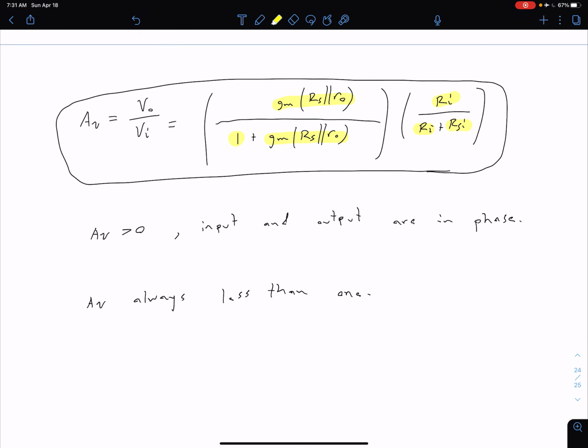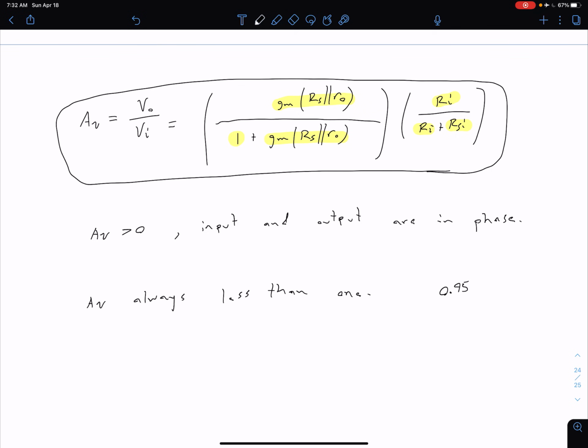This R_SI, which ideally is going to be 0, but in practice is never going to be 0, is going to make that denominator a little bit bigger. So that's always going to be less than 1, but what we're going to see is typically it's going to be close to 1. So maybe something like 0.95 for our voltage gain.